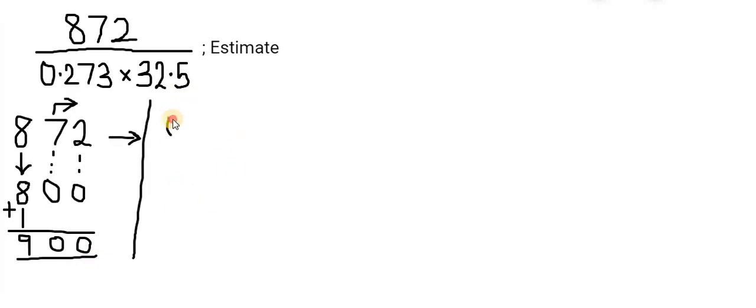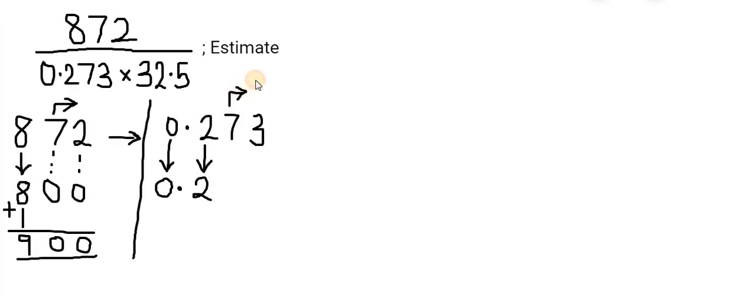Now, 0.273. 0 is not a significant figure, so we bring it down and leave it as it is. Our point follows. 2 is our first significant figure. The number after that, we check it. Remember, greater than 4, add 1 to the previous number.